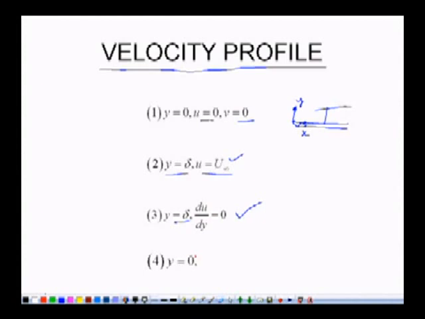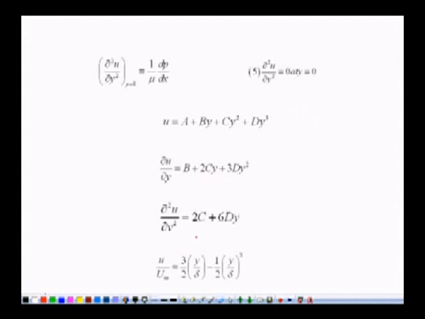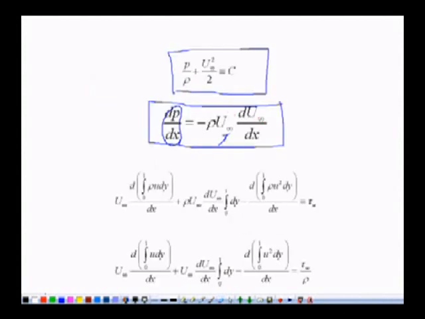And when y is equal to 0, with the help of the NS equation, del 2u over del y square at y equal to 0 is equal to 1 over mu dp over dx. If we have a flat plate, what is dp over dx?